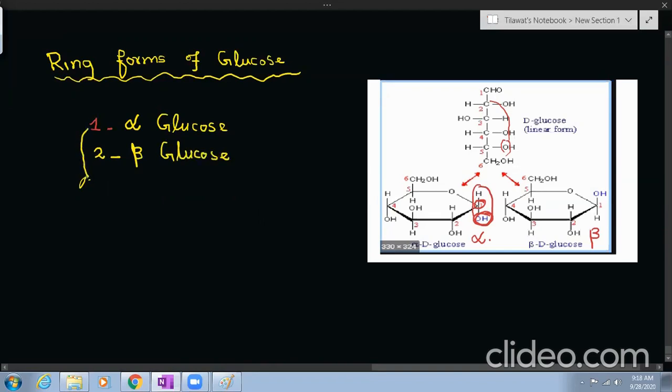Now in alpha, the hydroxyl group is below, or downward from, carbon number 1, while hydrogen is above, right?